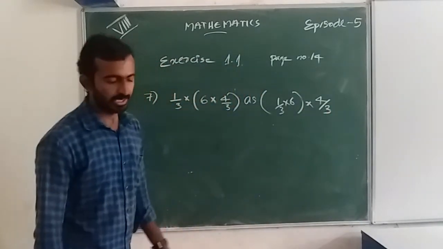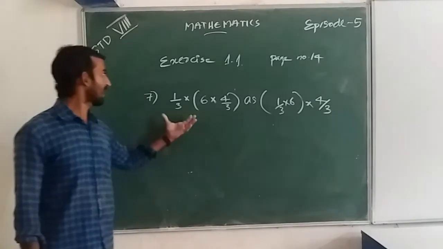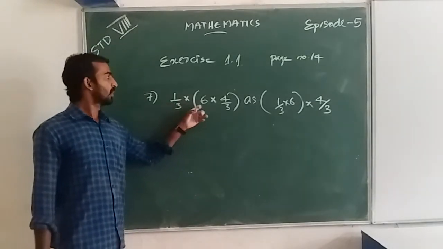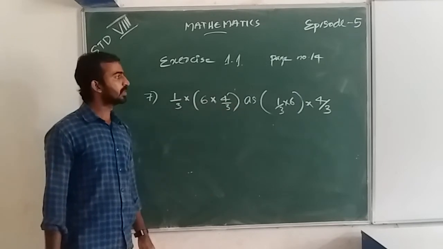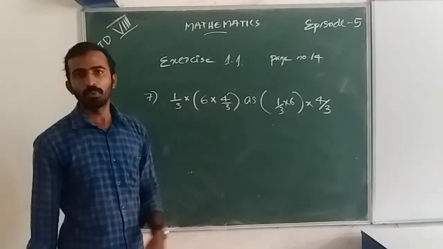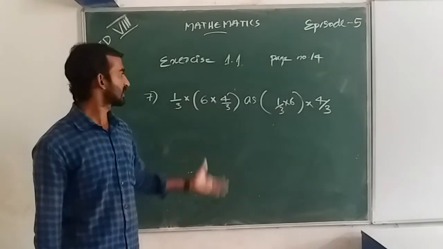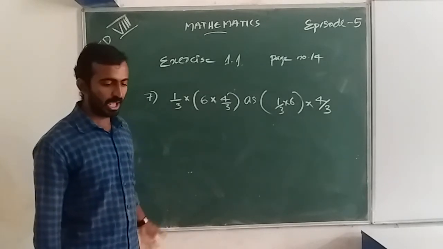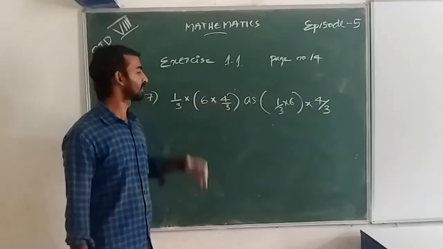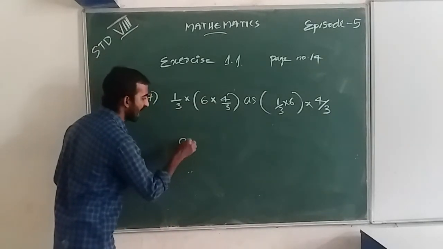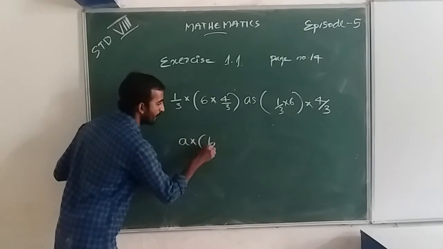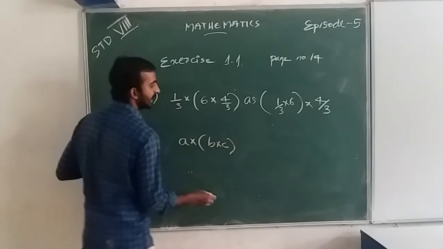What is the property here that allows you to compute? Here we can write this as A into B into C.